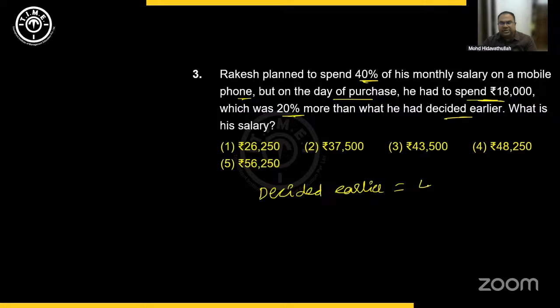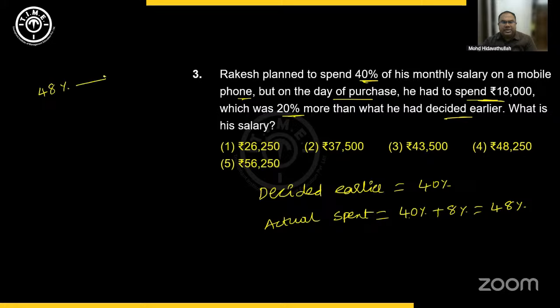That is what I decided earlier. But the actual spending was 20% more than that. 40% plus 20% of 40%, which is 8%. So 48%.